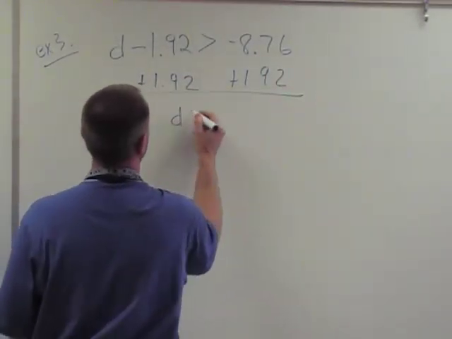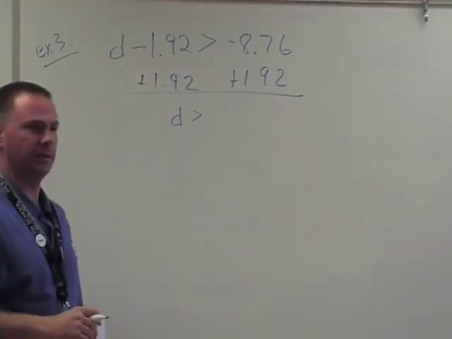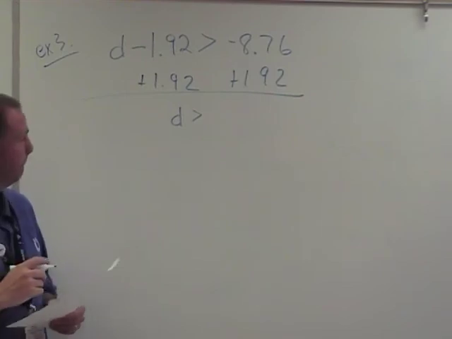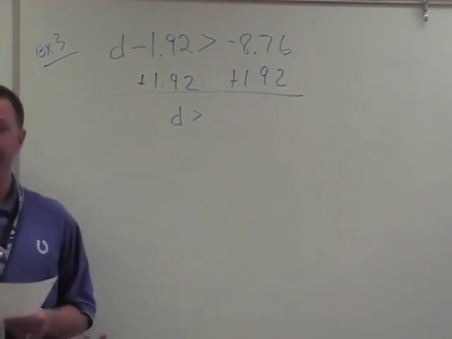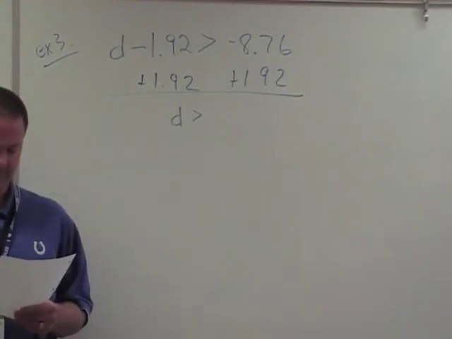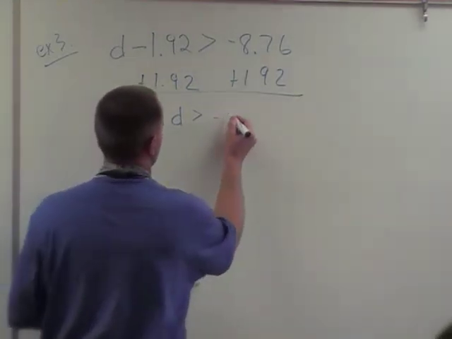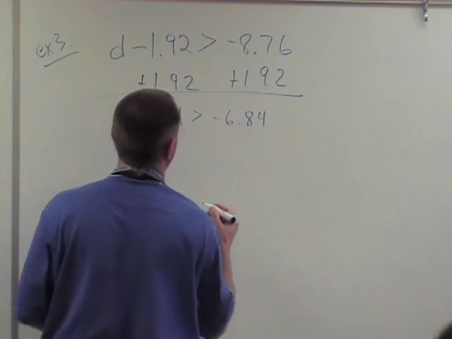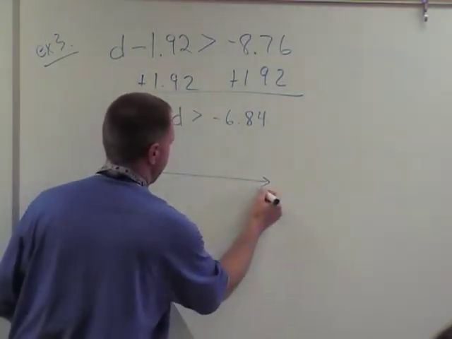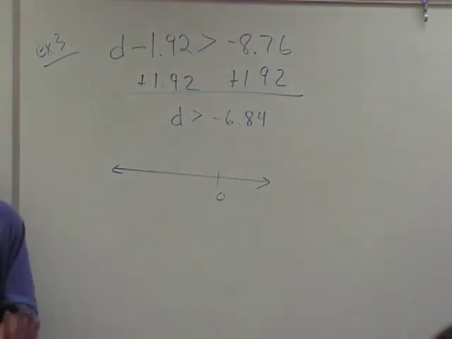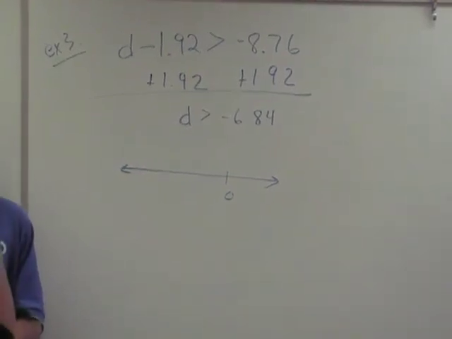And what do you get? I'm not very bright. I need somebody to tell me what that is. Negative 6.84. Yep. Negative 6.84. How do I graph that? Don't put a hash mark and call it negative 6.84.